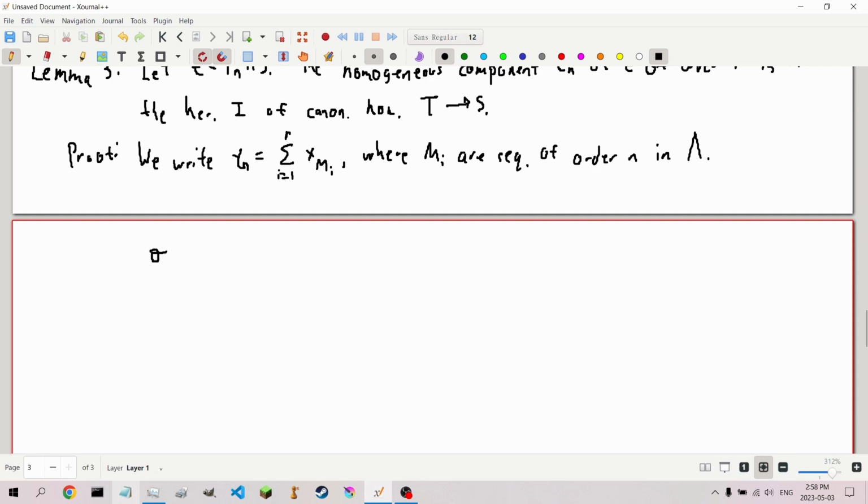Then sigma extends to a homomorphism from T into the algebra Lk of P. And we'll just write sigma again. Just going to overload it. Is 0 on J.